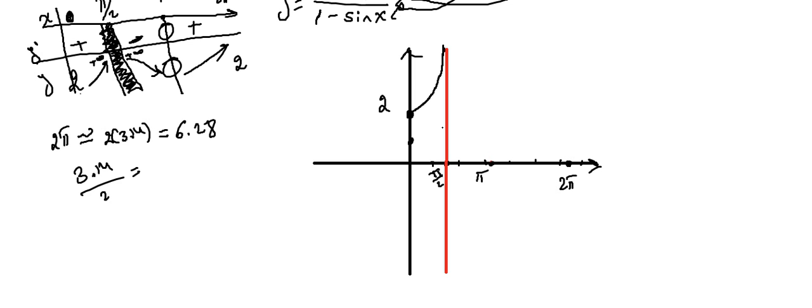And this point here is (2 pi, 2). Now it goes down from the asymptote plus infinity all the way down to the point abscissa pi, ordinate 0, and then it goes up to this point. Okay, this is the drawing. Exactly, this is it. Now this is from 0 to 2 pi.